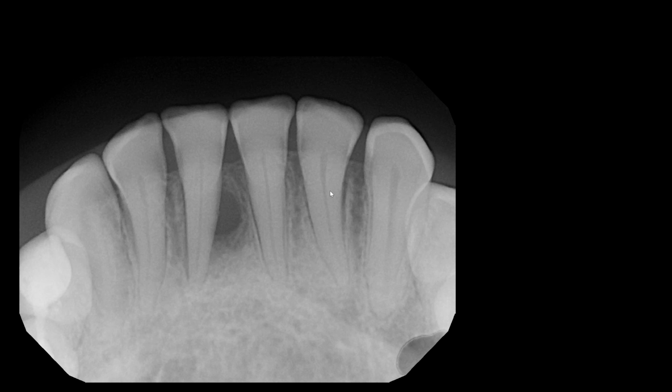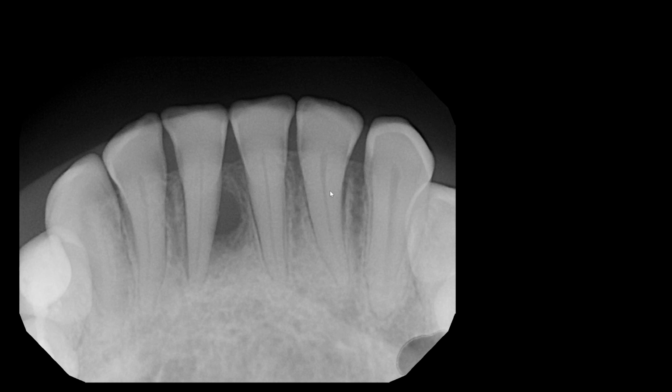Everyone can see this. And at this point, whenever you're looking at a radiolucency or any lesion in general, there are certain things that you have to ask yourself, such as its shape, and its border.